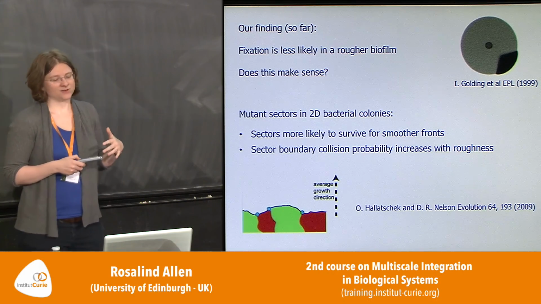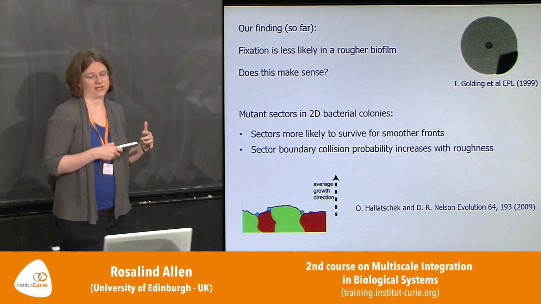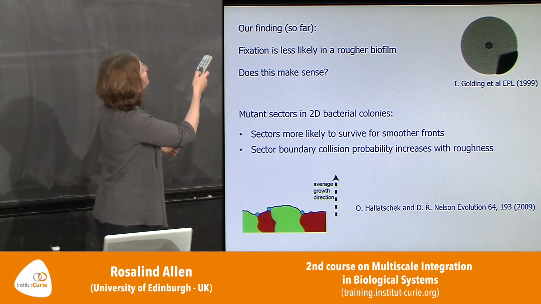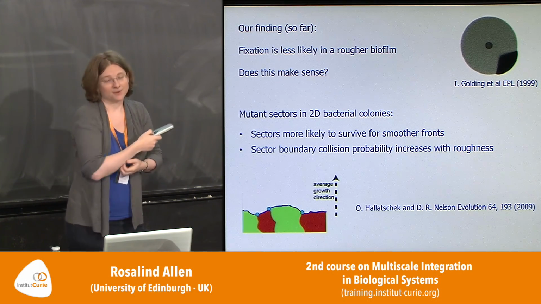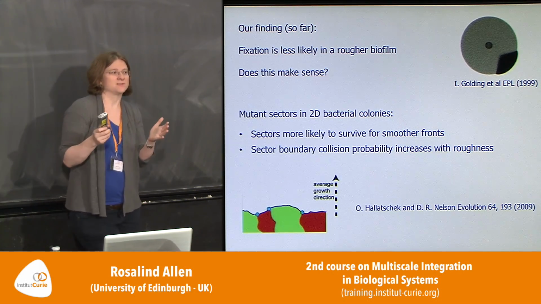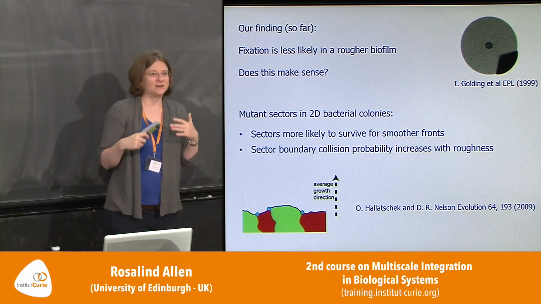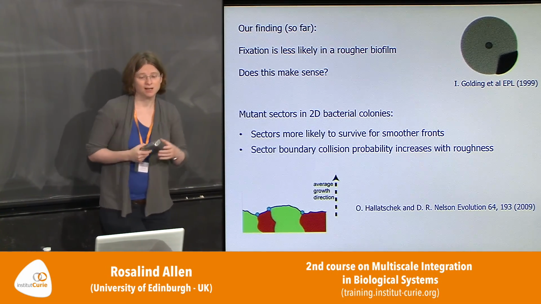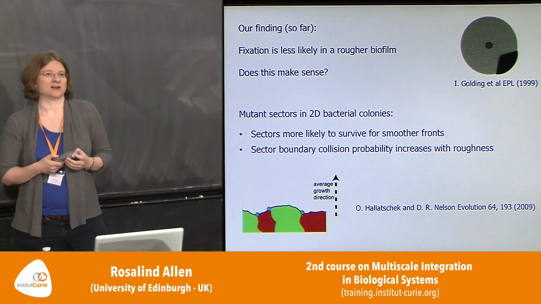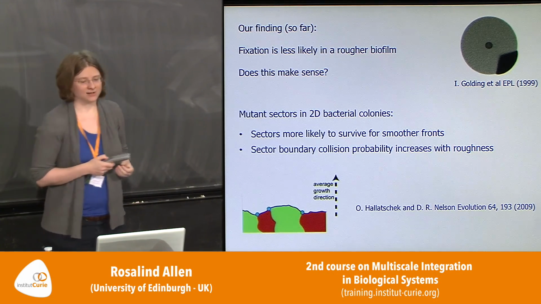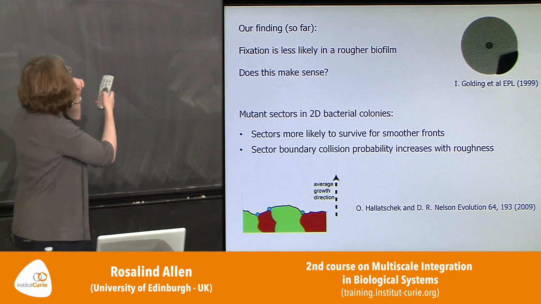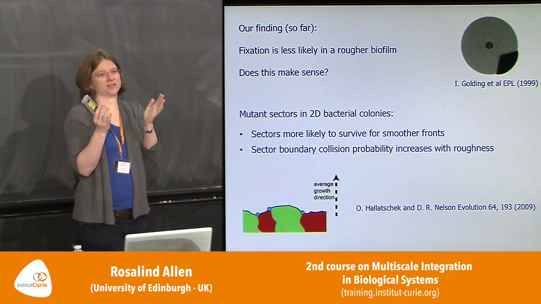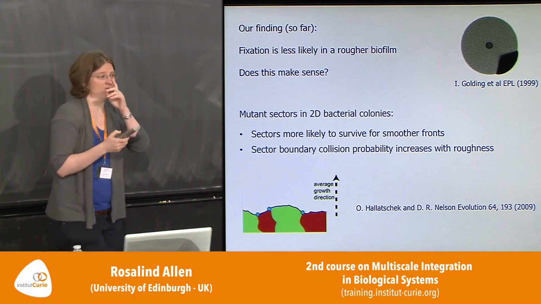And what he's discovered from his experiments with colonies is that if the front of the colony, the surface of this colony, is smoother, then the sectors are more likely to survive. So also in bacterial colonies, fixation events are more likely in smoother growing fronts. And actually, Oskar has a theory for why that is. He says you can imagine the growth of these sectors in a one-dimensional model where you have a sort of diffusion going on.